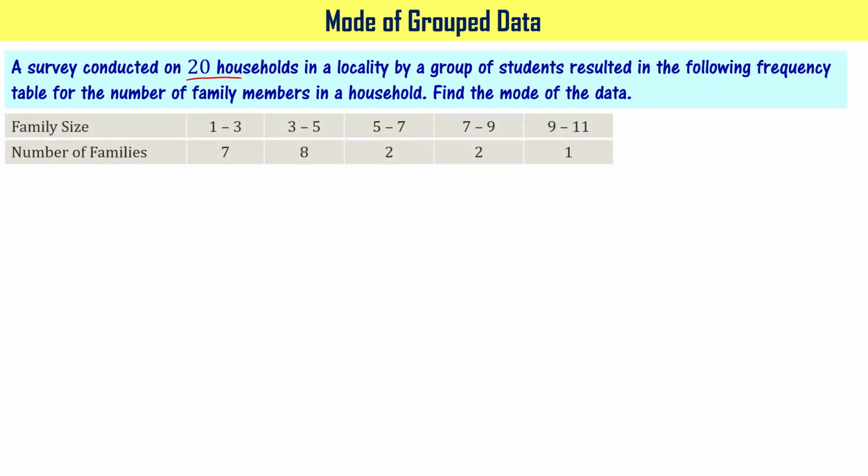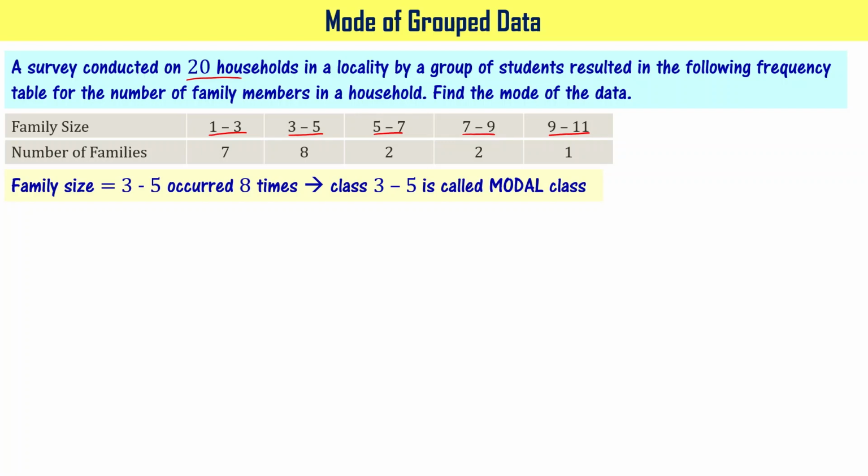That has family size and number of families. Family size can be ranging from 1 to 3 persons, 3 to 5 people, 5 to 7 people, 7 to 9 people, and there are families which have got 9 to 11 people. Okay, this is the frequency table given. Find the mode of this particular data.